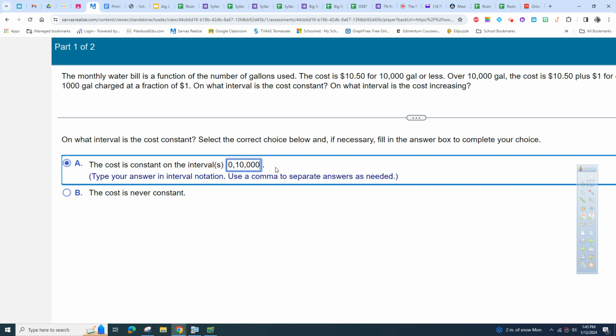And it says 10,000 or less, so I can put a square bracket on the end. And this is where it's a little bit of a weird thing. I would say you get a parenthesis at the start, because that really doesn't count. But there is a possibility of you using no water, and we would charge you no money for that.